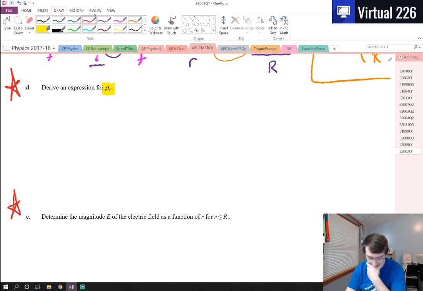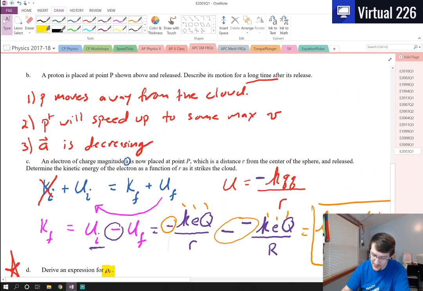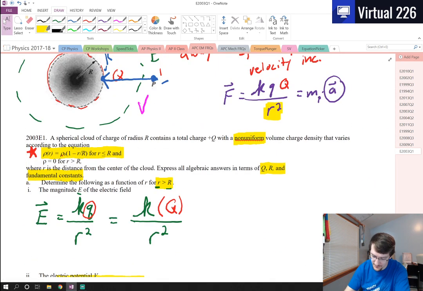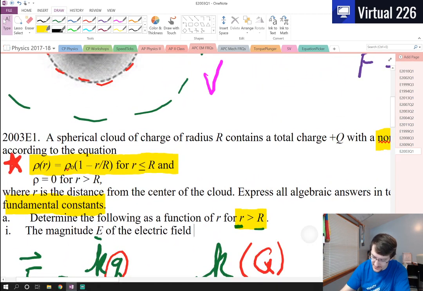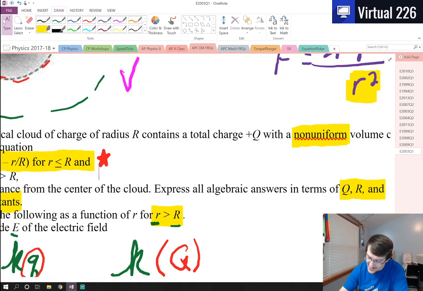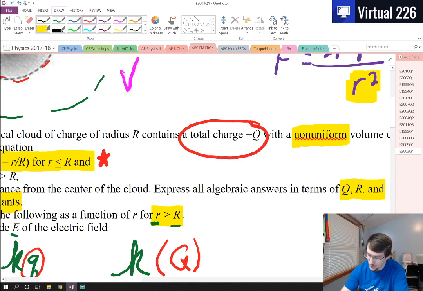So what we have to do here is combine two ideas. We have to combine the idea that we have a density function. And the other idea that we have to think about is that this sphere has a total charge of positive Q. And what this means is that if we add up all of the charge, which is spread out according to this charge density, it's some density per unit volume.